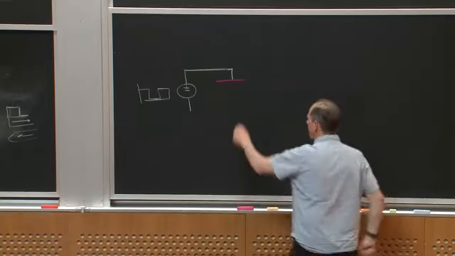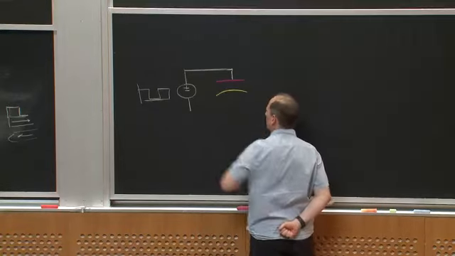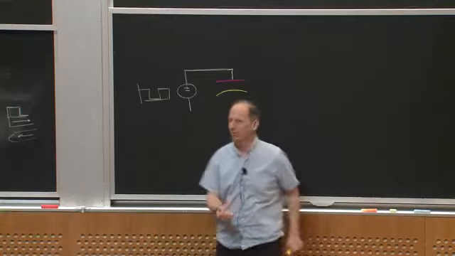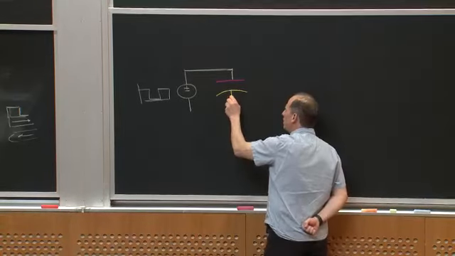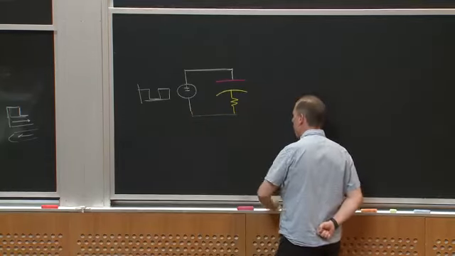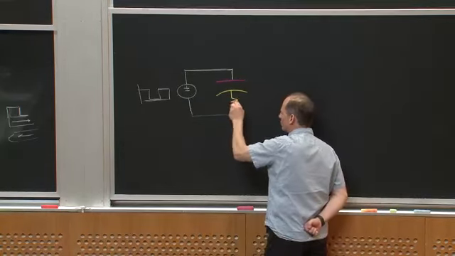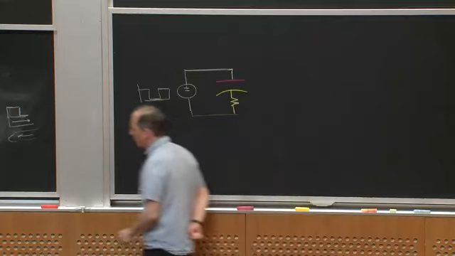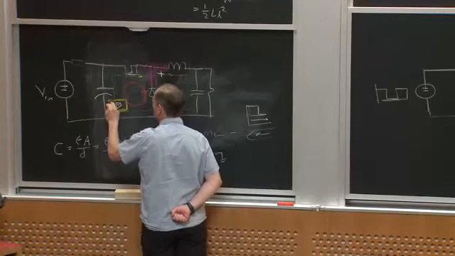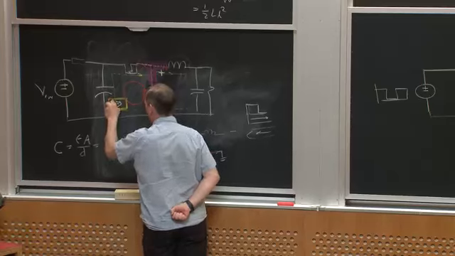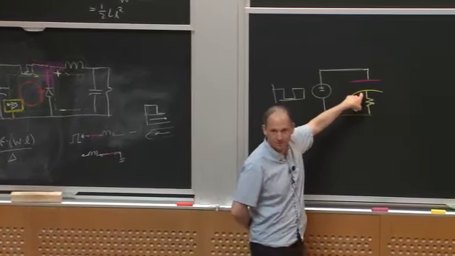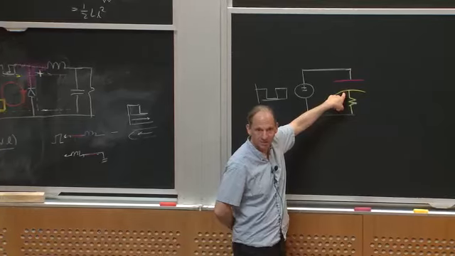So maybe I have a plate there. That plate is just the metal of that node, okay? And it has some resistance too, right? So maybe my comparator has some resistance to ground. Maybe there's a comparator and it has a positive input, and there's some metal sitting right here. That's the other plate of this capacitor. Okay, does that make sense?